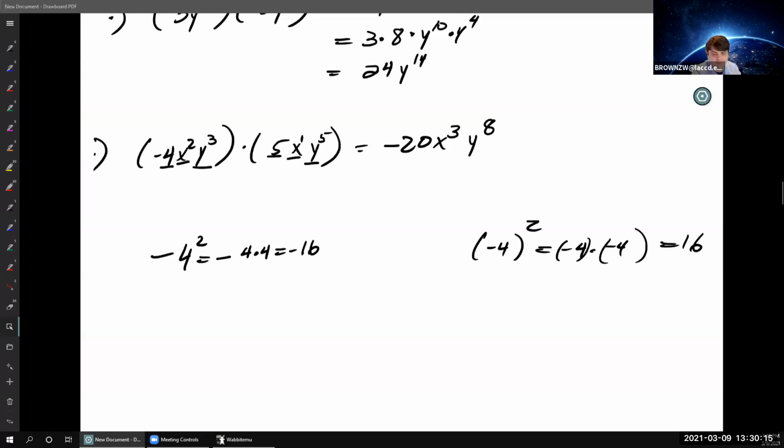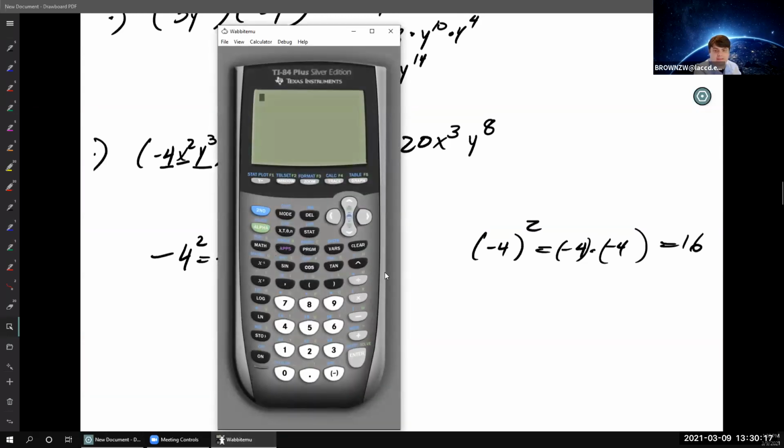If you have -4 squared, the calculator says -16 as opposed to parentheses -4 squared, +16. So just be careful about that, especially when we're plugging into squares and whatnot. Technically, anytime you plug in, you're always plugging in as a parenthesis.